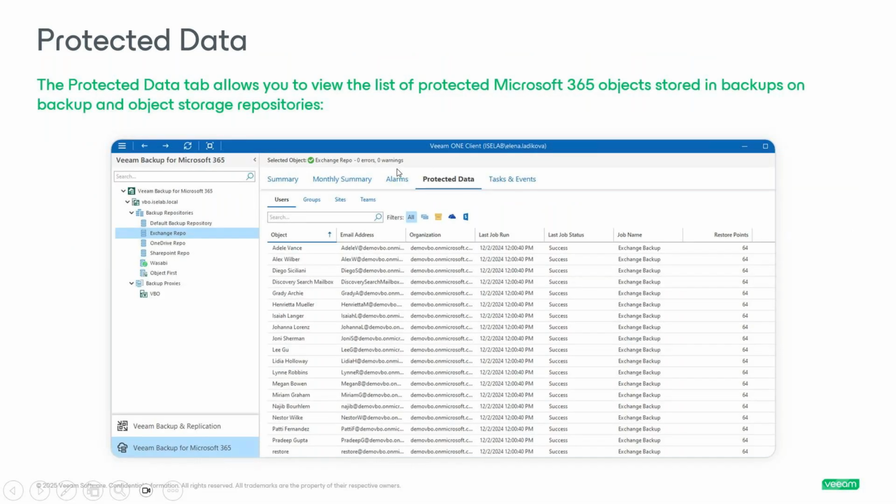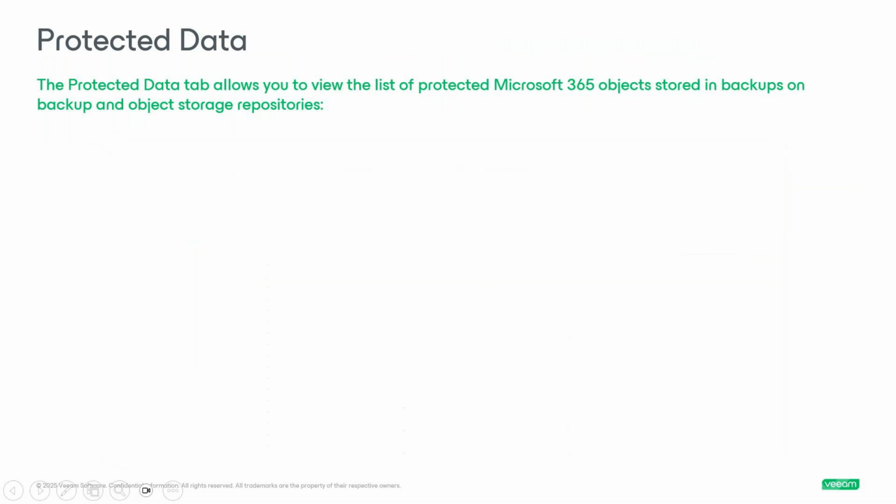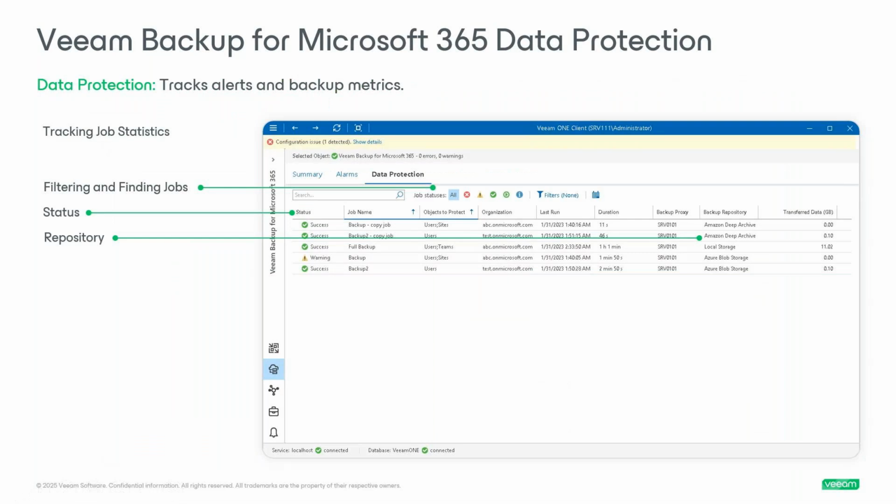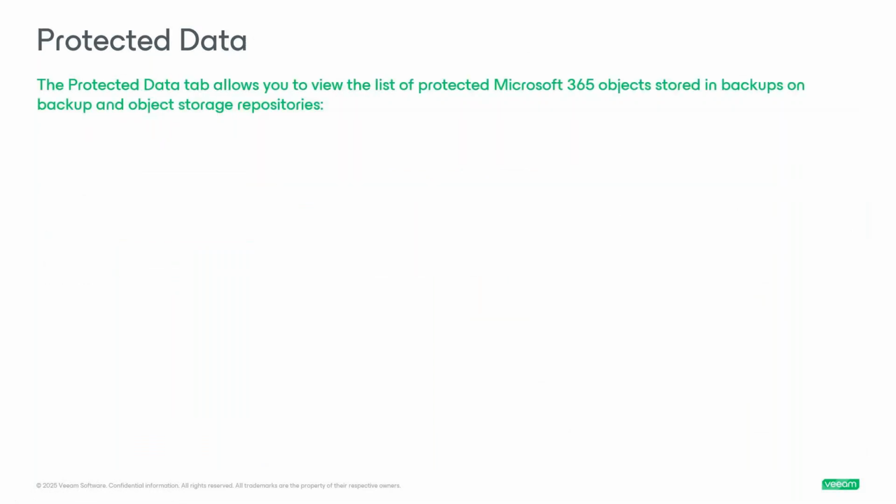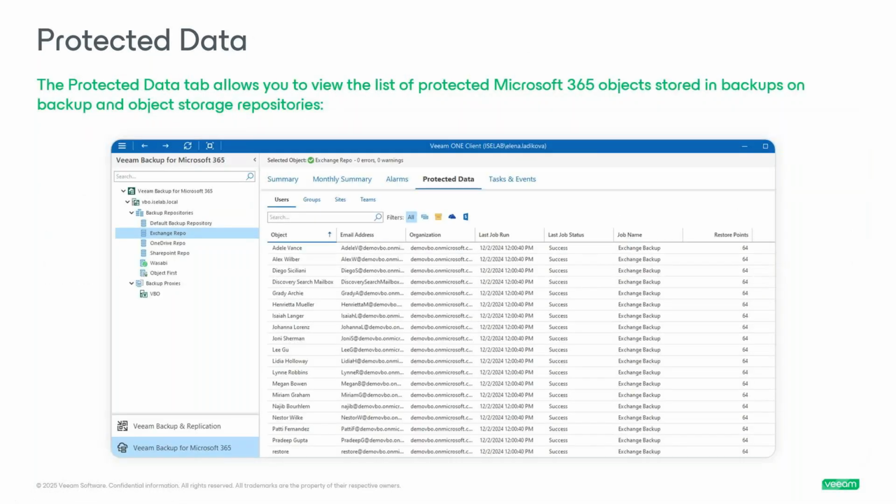And you also have a similar view, but per repository, where you can see exactly which user is backed up in that specific repository, their email address, when the last time a job was run for that user, the name of the job, and the number of restore points you have.